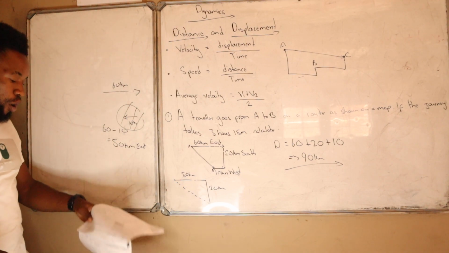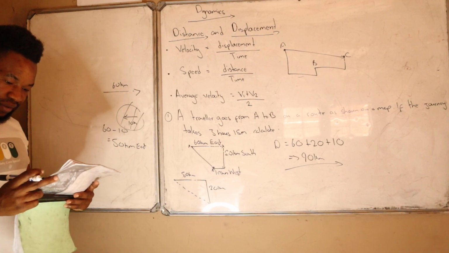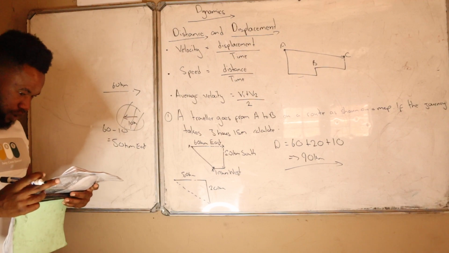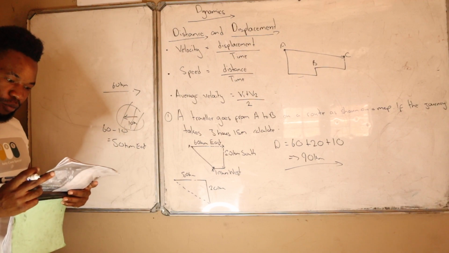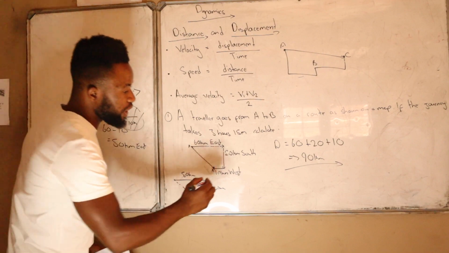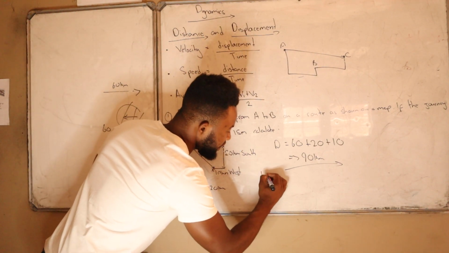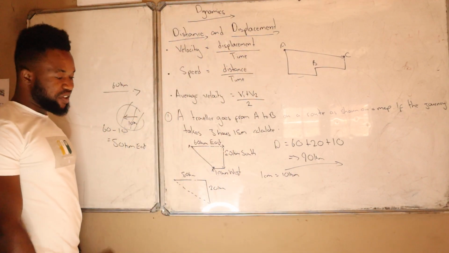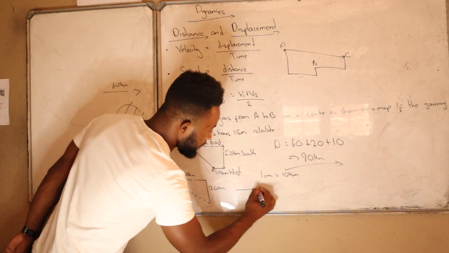So you can use your own scale. Let us see what scale they use here, if they did give us a scale. Alright, okay, from here they didn't give us a scale, so you can even use a scale of 1 centimeter equal to 10 kilometers, and then here you have to measure.